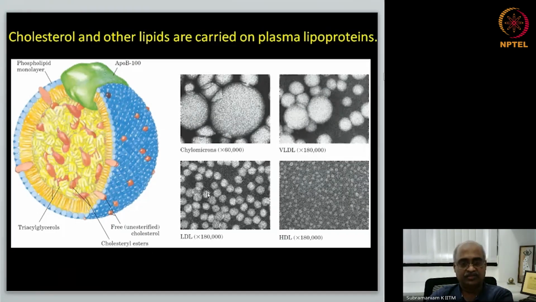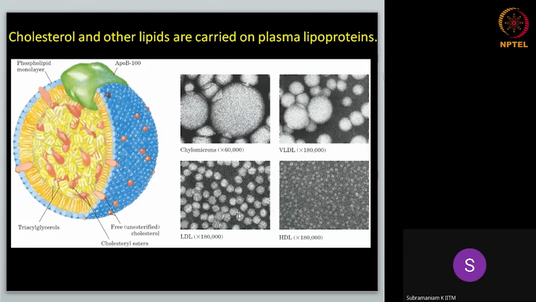Then from VLDL, when you take out triacylglycerol, primarily in liver, liver cells are called hepatocytes. So when hepatocytes take up some of the triacylglycerols, they become LDL. The density increases. As you remove the lipids, the lipid to protein ratio decreases, and when you have more protein and less lipid, the density increases.